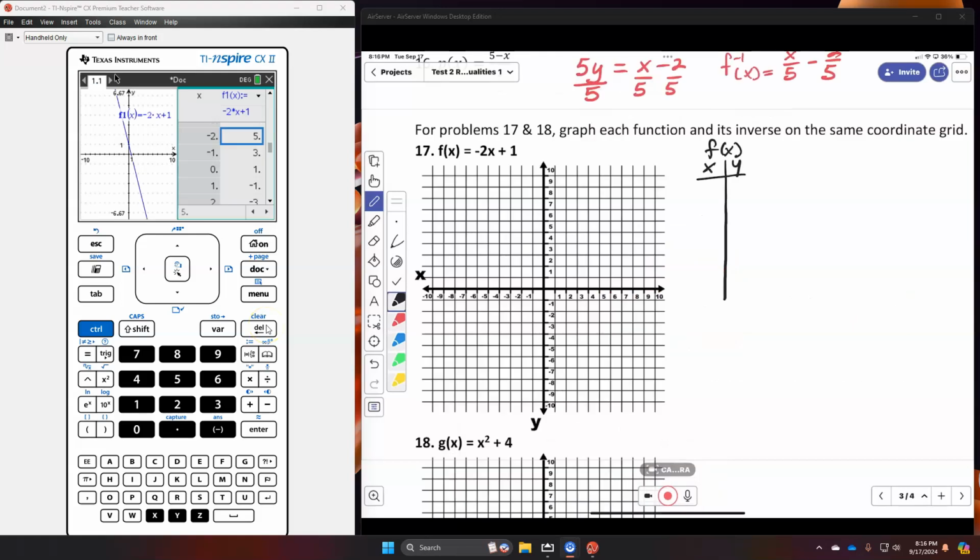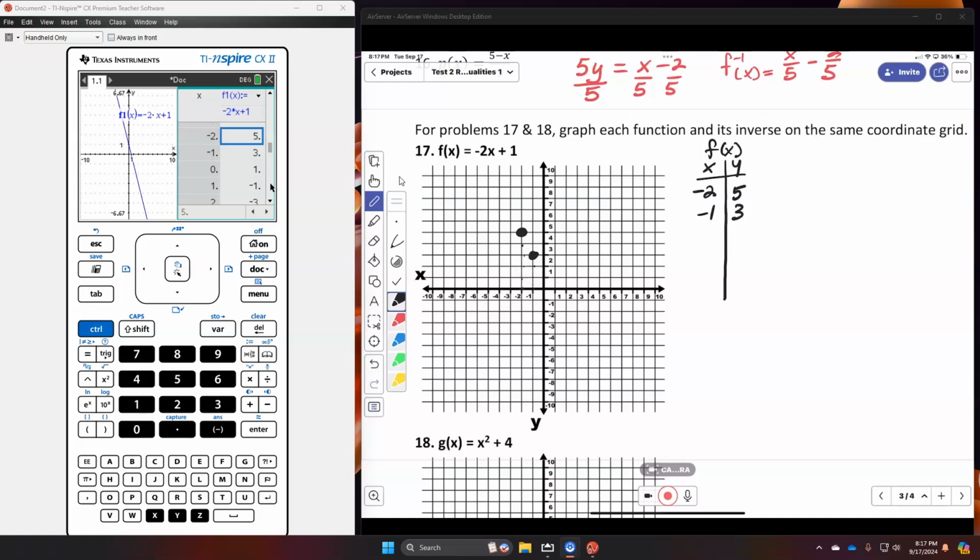Graph each function and its inverse on the same table or the same graph. I went ahead and typed it into the TI Inspire. So I'm going to go ahead and graph it. So you have negative 2, 5. So start at the origin, negative 2, 1, 2, 3, 4, 5. The next one is negative 1, 3.